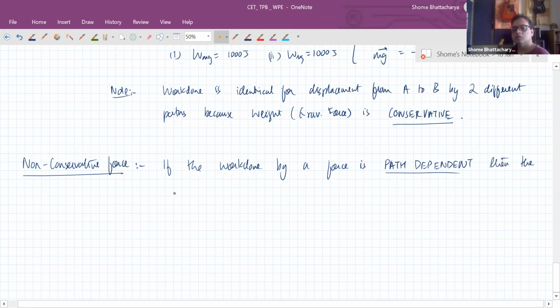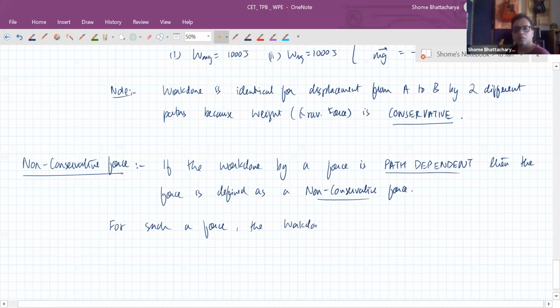Then the force is defined as a non-conservative force. So for such a force, the work done by two different paths from the same initial to final position will be different.